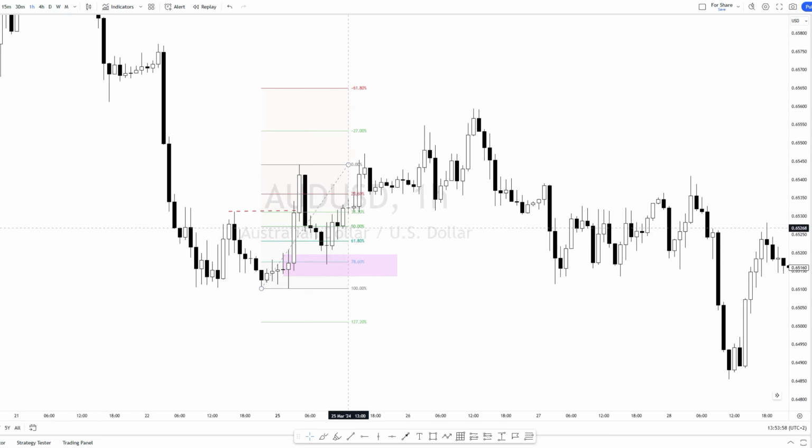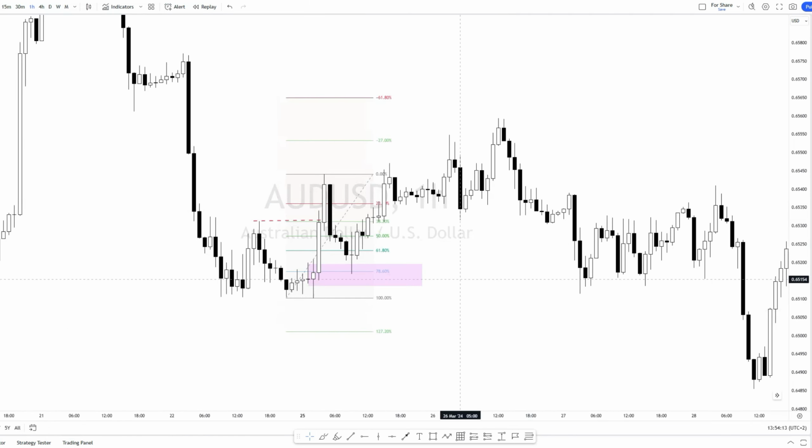So you do not just enter a trade when the price hits 50 or 60, but if, for example, you are lazy, you do not have time, or you just want to take things easy, then you can just put a pending order at 50% or 61% or 78.